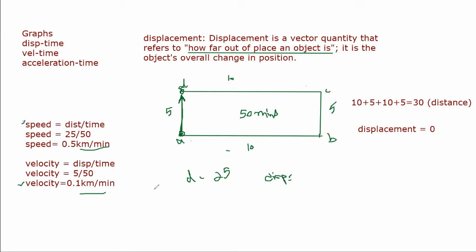And finally, acceleration is the change of velocity, not the change of speed, but the change of velocity per unit time. I'm going to write the definition for acceleration also. Acceleration is change in velocity per unit time.